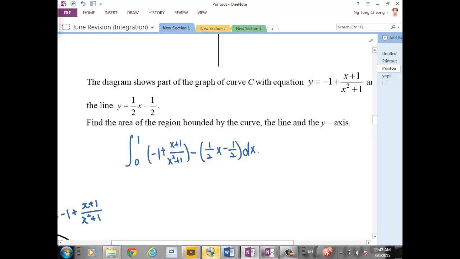Which will just give you the area. Once again, if you look at the question, they did not ask for exact. So you can happily use your GC to evaluate it.